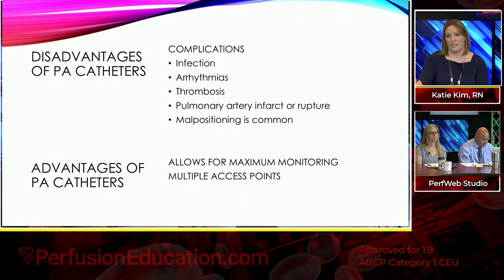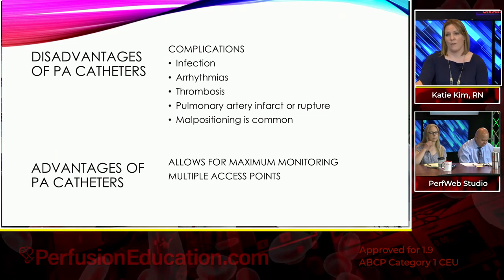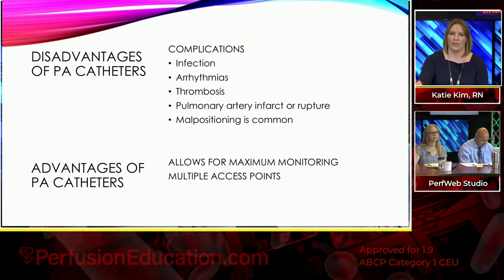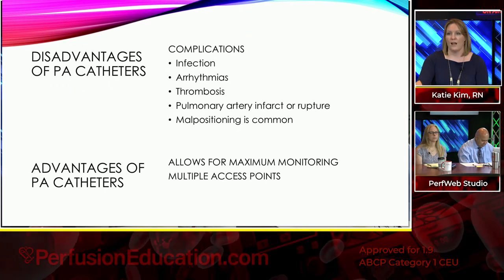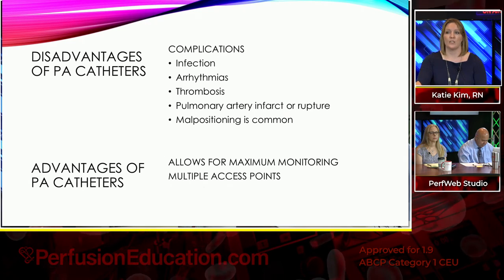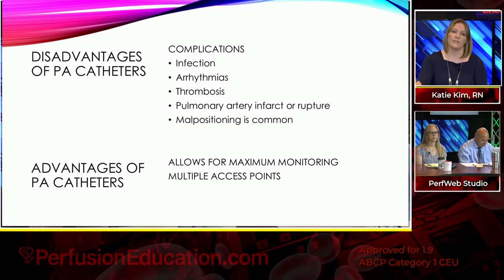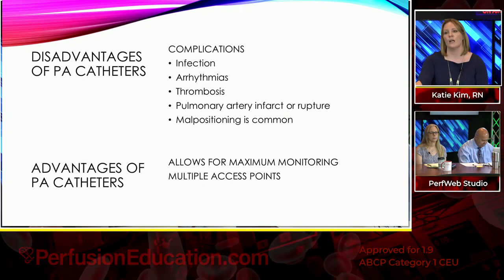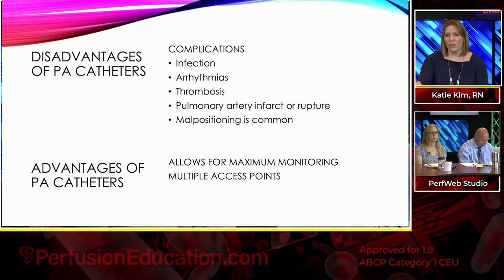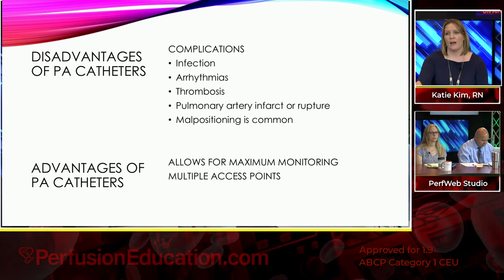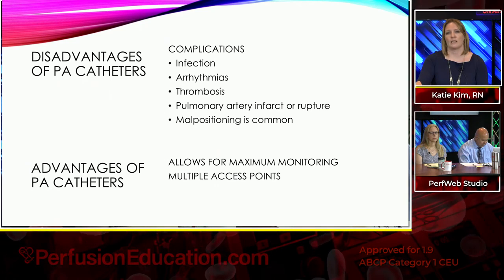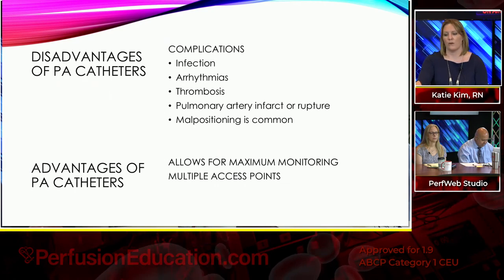But the advantage is that it allows for maximum monitoring. You can get so many measurements from the catheter, and there are multiple access points. So if you're infusing a lot of fluids, or giving vasopressors or inotropes or anything, you have a lot of access points to do that from. So that's really great.